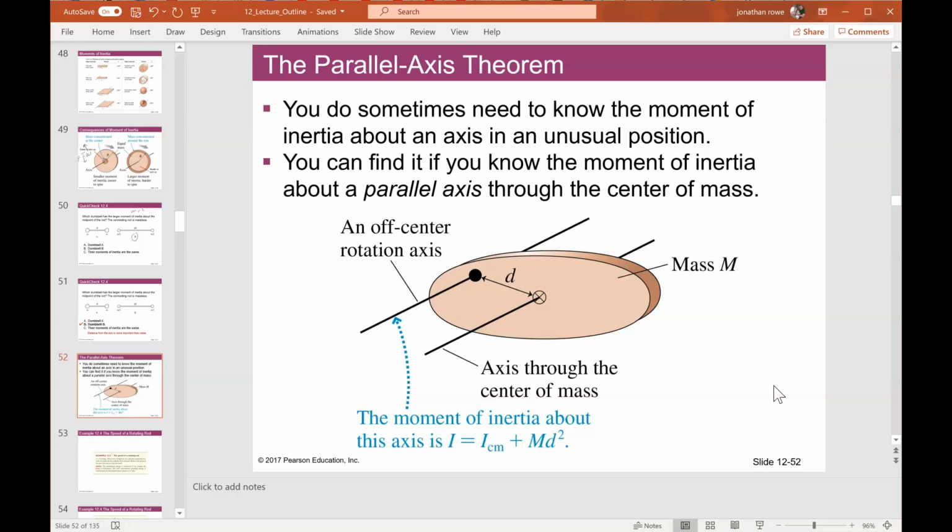If this thing is rotating around this weird axis, how can we get the moment of inertia? Well, this tells us the moment of inertia about that axis is the moment of inertia about the center of mass plus the entire mass of this thing times the distance between these two points squared. That's a pretty neat formula.